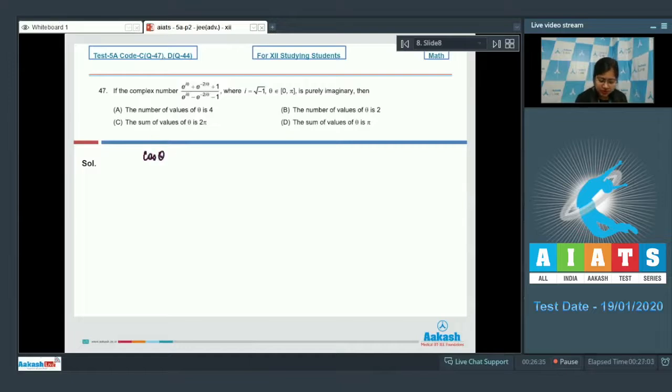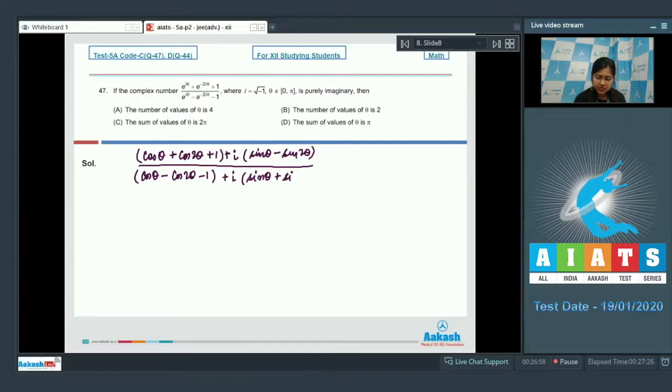It is cos theta plus cos 2 theta plus 1 plus iota into sin theta minus sin 2 theta, divided by cos theta minus cos 2 theta minus 1 plus iota into sin theta plus sin 2 theta. Right?